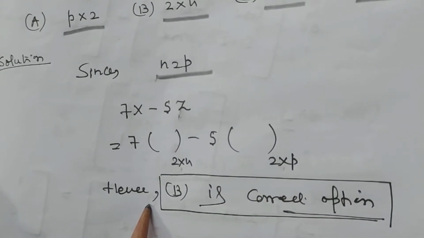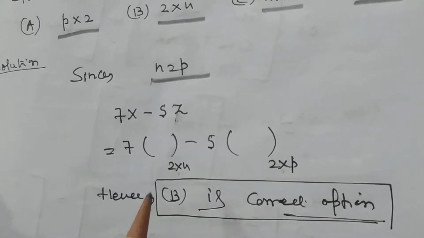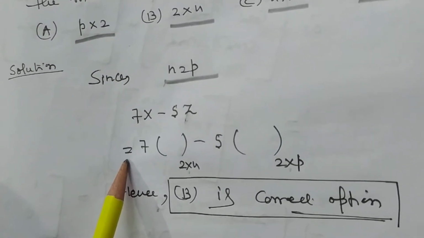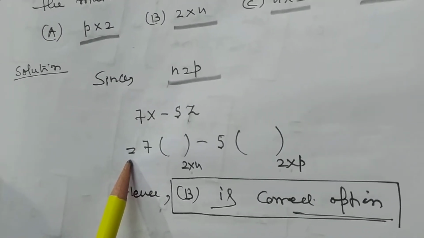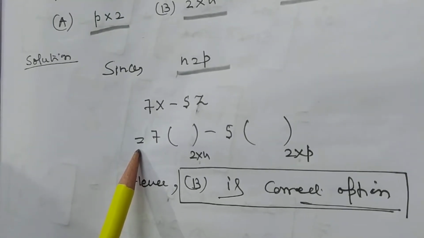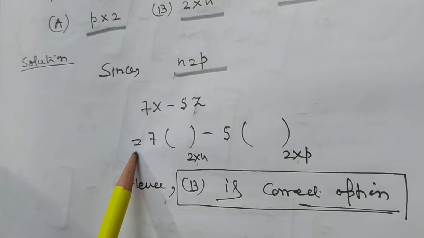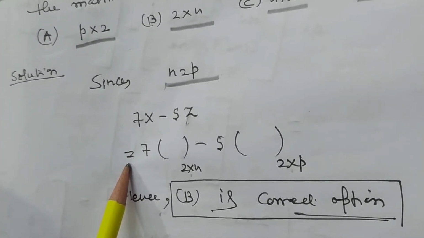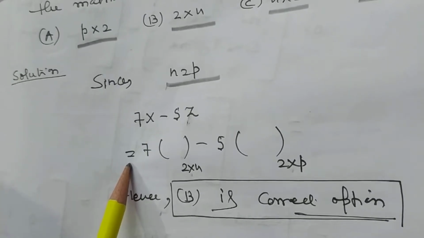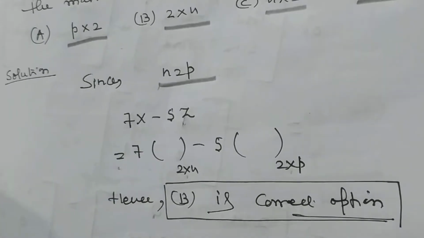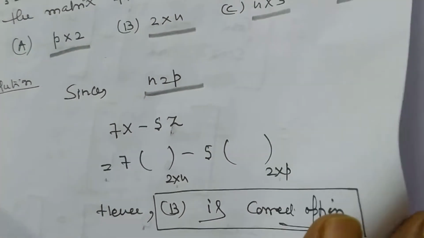Because what do you observe? n is equal to p. So we can subtract two matrices if the order of the matrices is equal. Matrices of the same order can be added and subtracted. So my dear students, B is correct option.